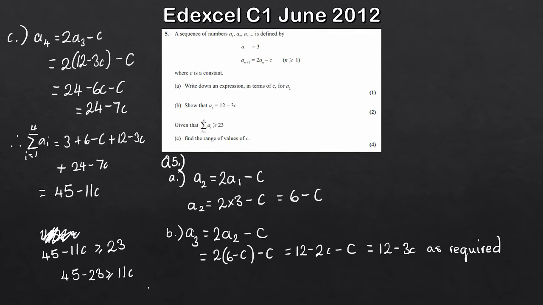In other words, that means 11C is less than or equal to 22. Okay, and then at the last stage here, we just divide both sides by 11. So C is less than or equal to 2 there. Okay, so that's our range of values of C that satisfy the inequality. So 4 marks for that last part. Hopefully it made sense. So let's take a look at the next one.